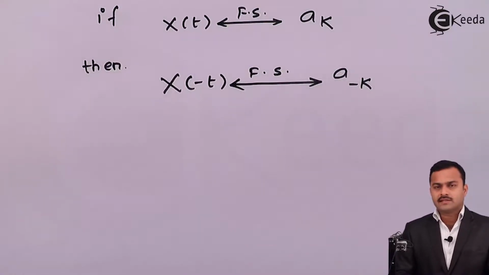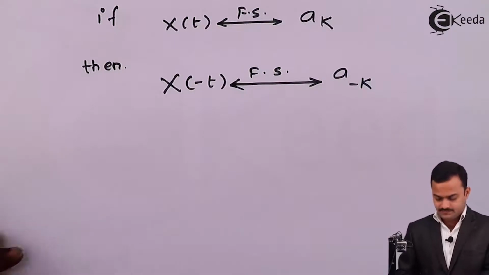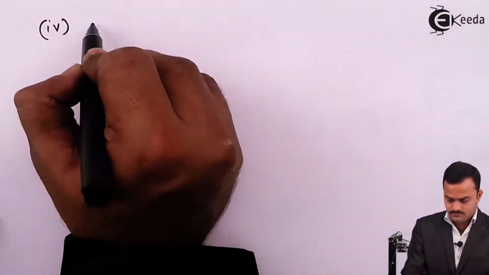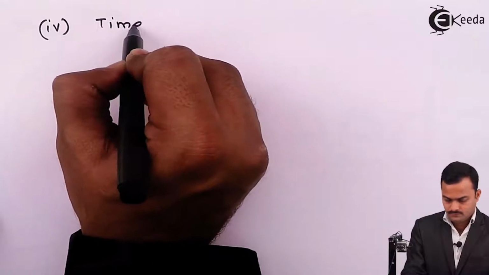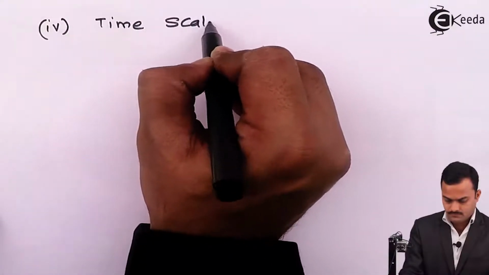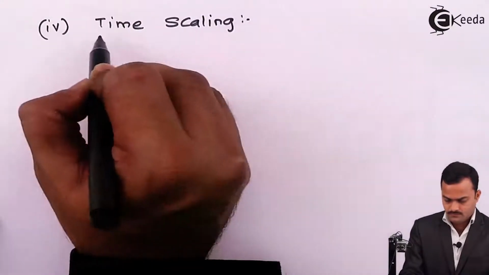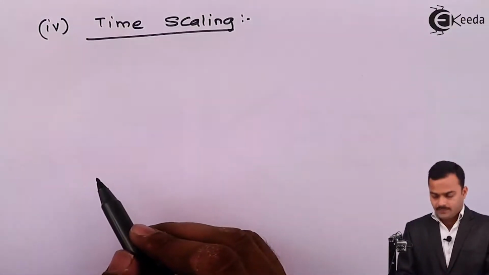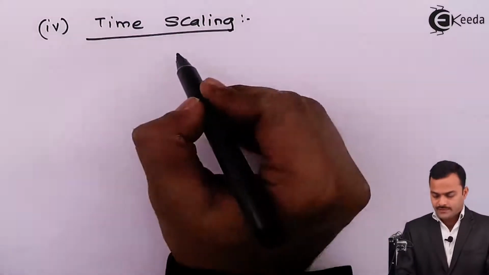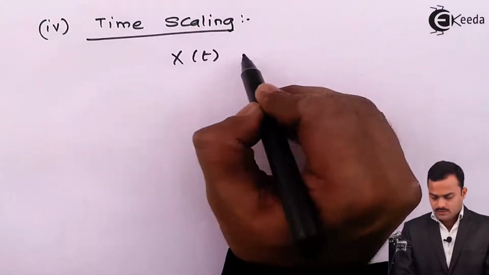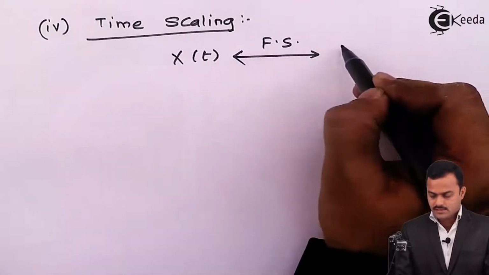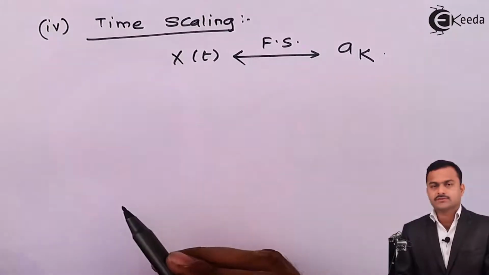Let's go to the next property, that is time scaling. So what we do in time scaling, x of t is an original signal with a fundamental time period T. Through a Fourier series, it obtains a_k as the Fourier series coefficient.